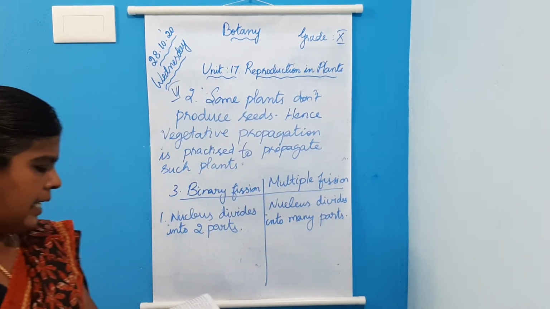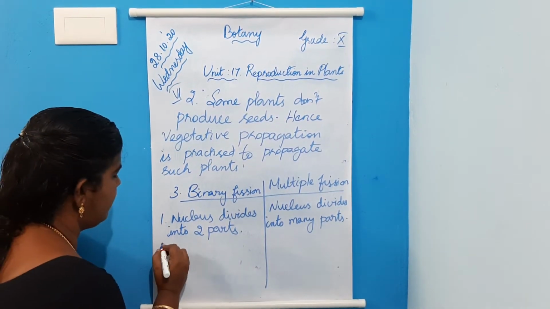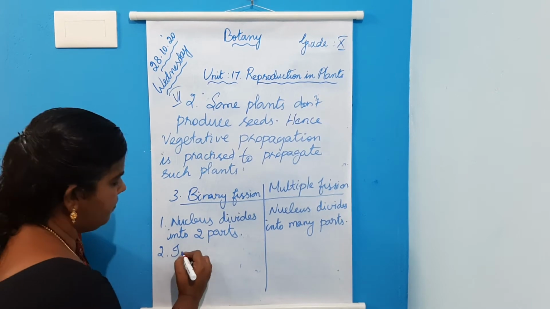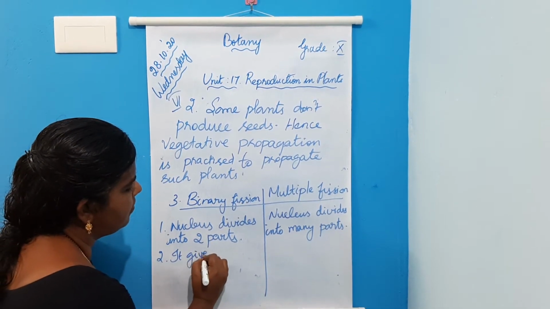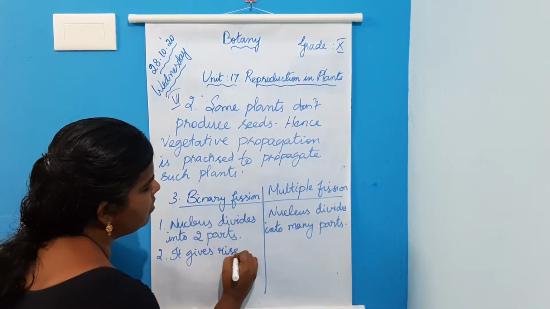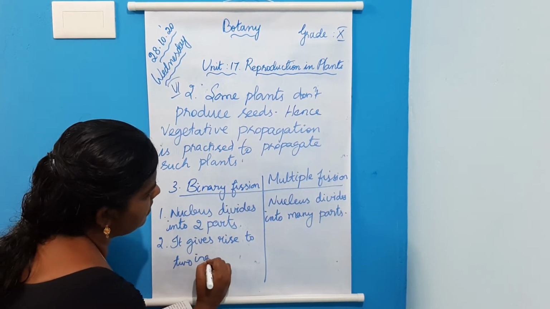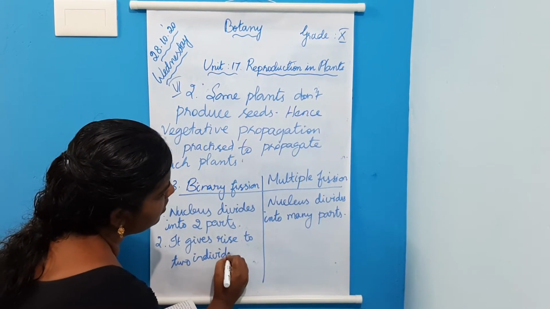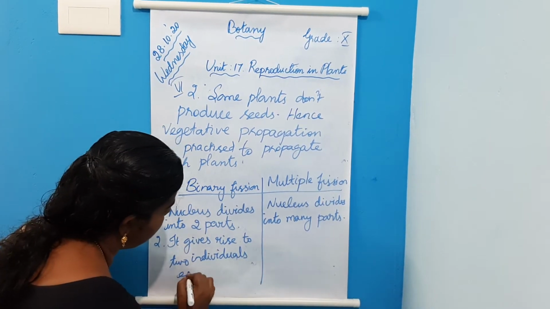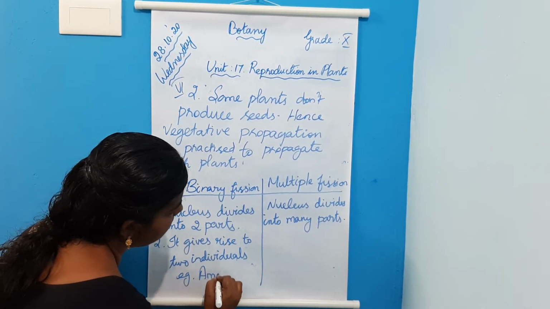Second point: binary fission gives rise to two individuals. Example, amoeba.